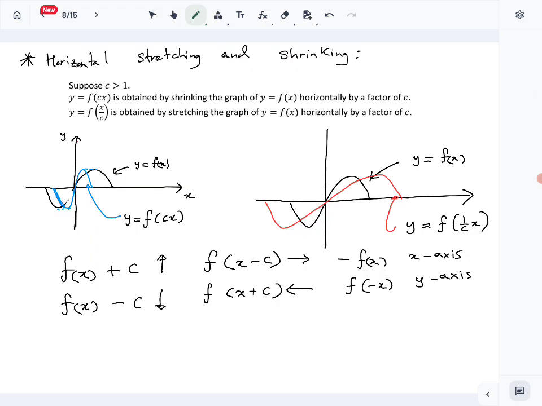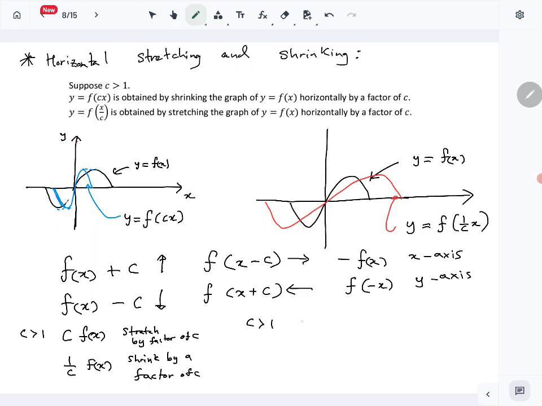Then we did what? We did c f(x). Here c is greater than 1. What happens? You stretch by a factor of c. If it is 1 over c f(x), what happens? You shrink by a factor of c. Then the last two, those are what? Again, c is greater than 1.